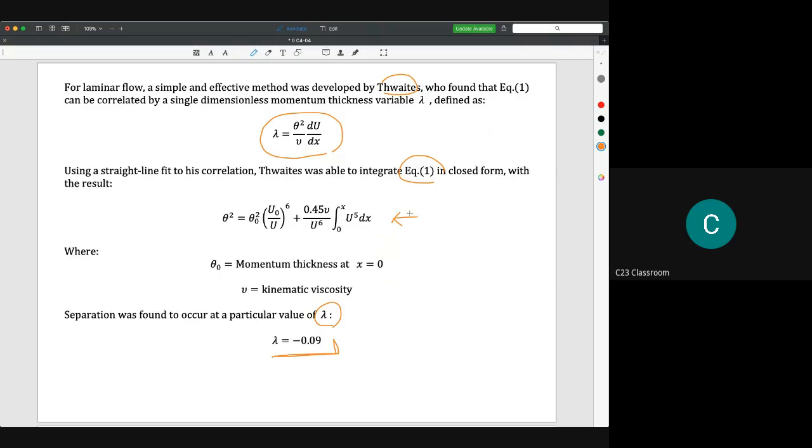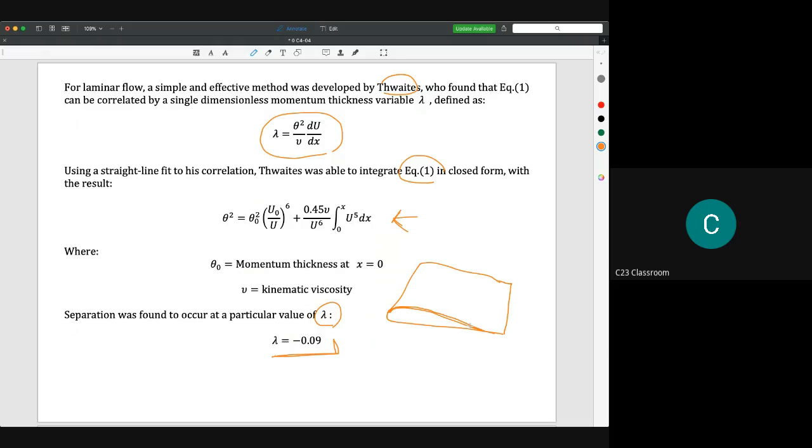However, in these notes I will give you two types of Thwaites equation. One is for an almost plain, almost flat plate. Just now I said separation only occurs on a curved surface. Yes, on a curved surface. For example, we have an aerofoil here. The pressure gradient will change because it has a curved surface.